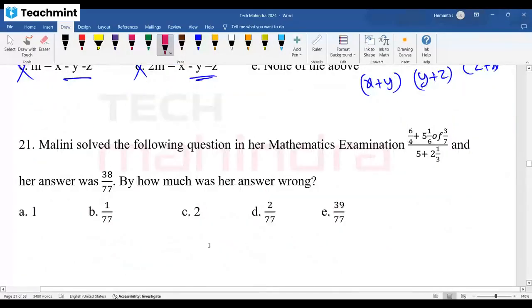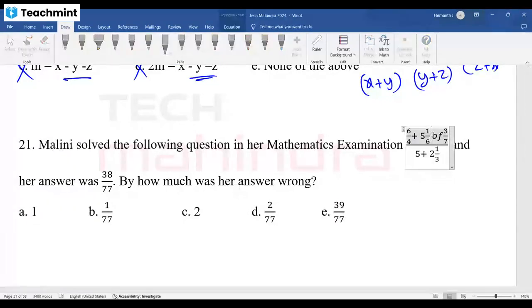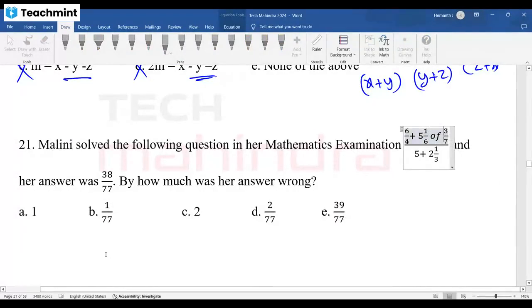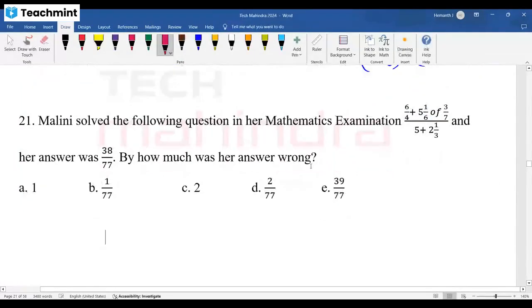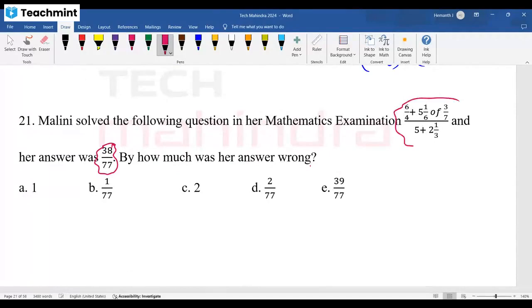See, this is one more excellent question, which is regarding simplification, we can say. So you need to simplify this expression. And by how much was her answer wrong? See, correct answer is this. Her answer is this. But this is the expression you need to solve. Okay, what is the mistake in her answer you have to do? So 6 by 4, 5 1 by 6 means it's 31 by 6.